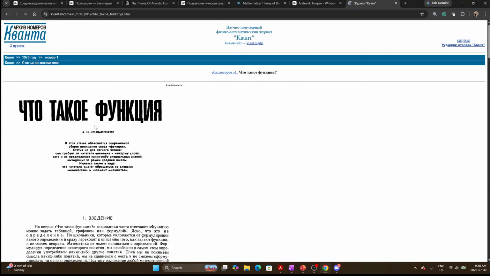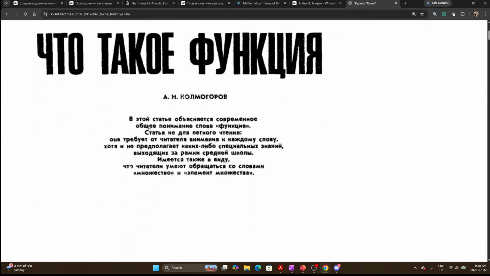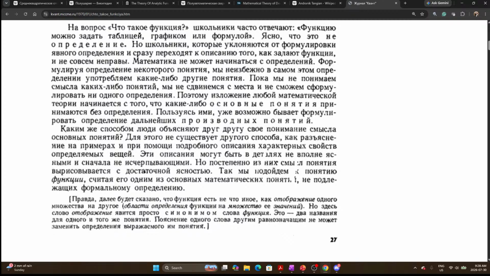This one, "What is a function?" by Kolmogorov. It says in this article, can I zoom in? Yeah, here. In this article, it explains the modern general understanding of the word function. This article is not for light reading.